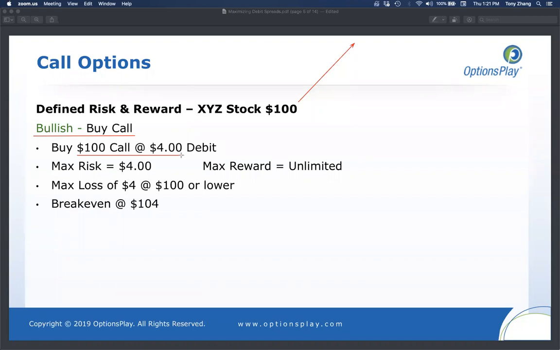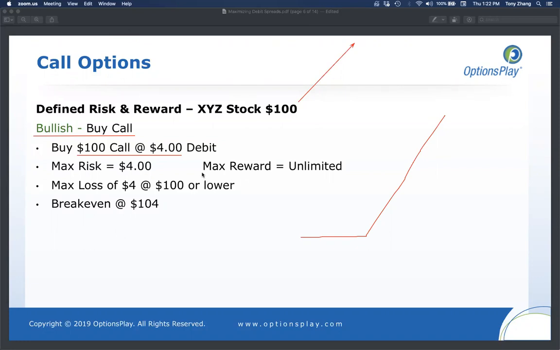As the stock continues to go higher and higher, you can make more and more money from your call option, because a call option has what we call unlimited max reward.